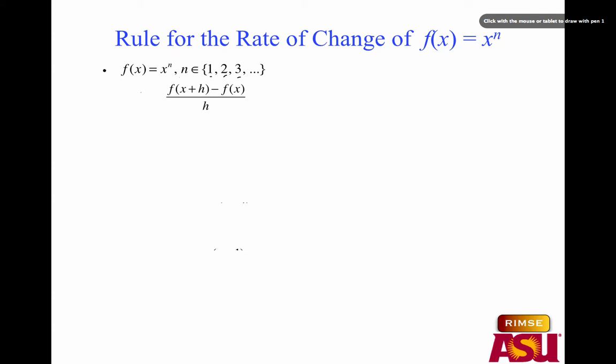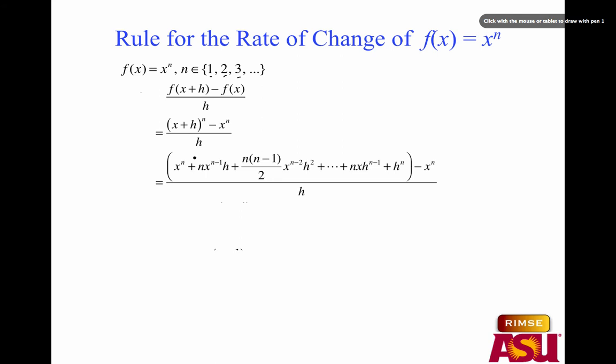This quotient, with this as my function f, looks like x plus h to the n minus x to the n, over h. As we saw in the previous slide, when I expand out x plus h to the n, I get this very long sum of terms, where we can notice that the x to the n's subtract off, and then I'm left with all of this other junk.